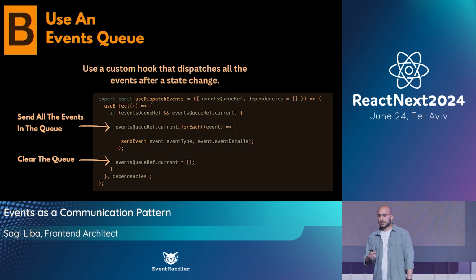It receives the events queue and the dependencies that you want to listen on. A simple useEffect inside, just checking if there are any events currently in the queue. And after each change to the dependencies, we're going to run and send all of the events one after another in a simple forEach loop, and making sure to clear the queue once I'm finished for the next events to come.